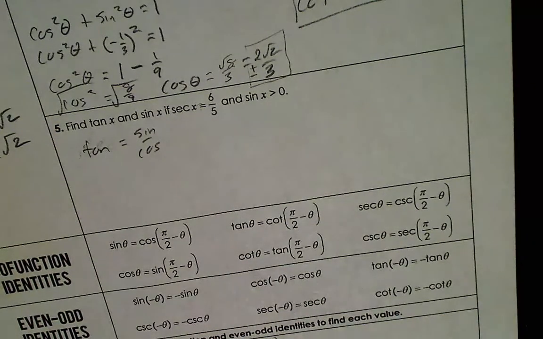Okay. So secant, I know it's going to be, let me reverse this, where I'm going to use that the tangent is sine over cosine. Oh, and if I get the sine of x, let's see, do I want to do it that way?